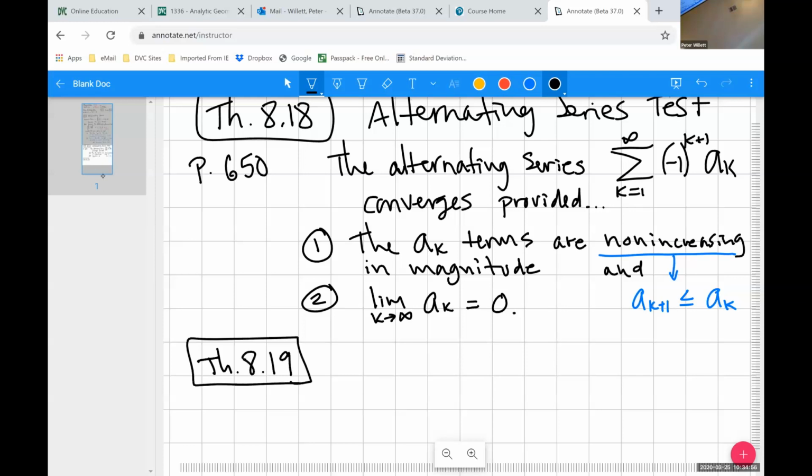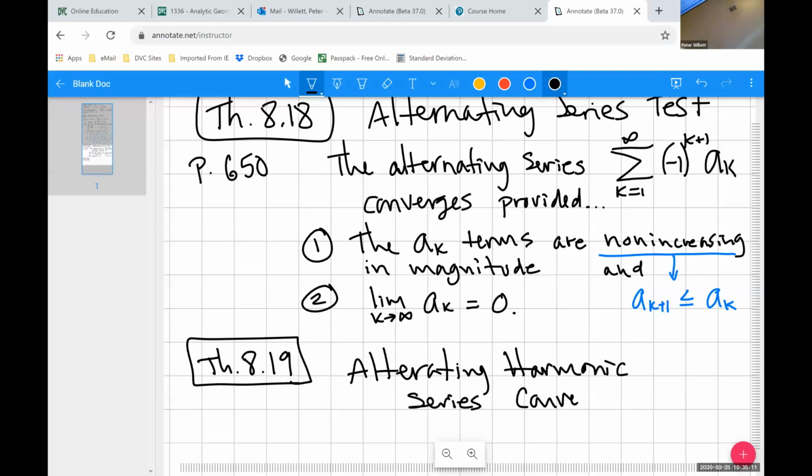In theorem 8.19, they conclude the alternating harmonic series converges, even though the regular harmonic series diverges.